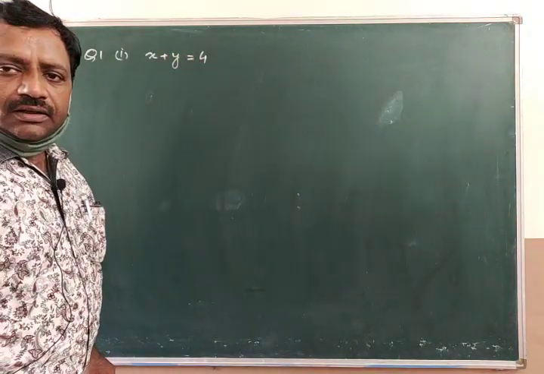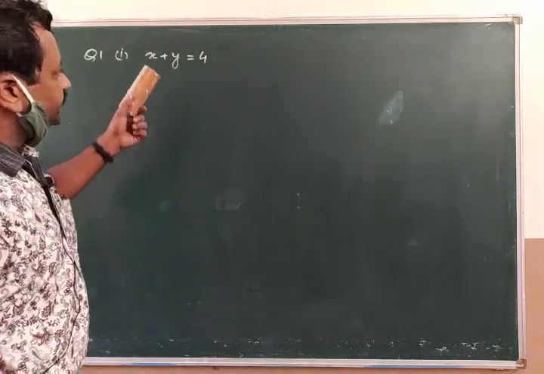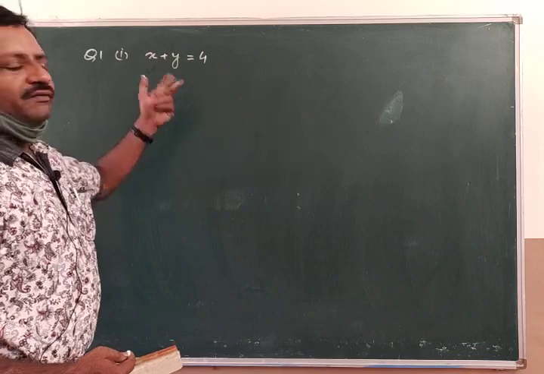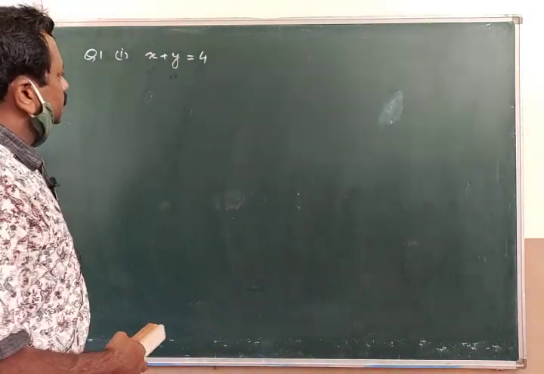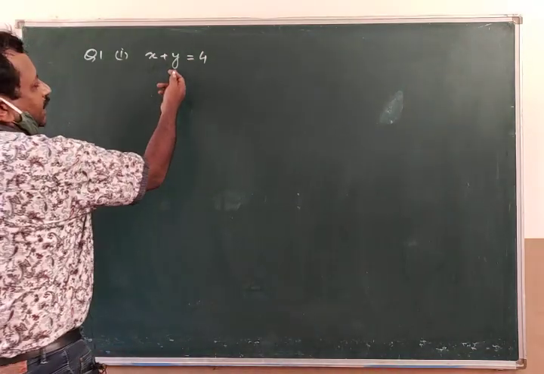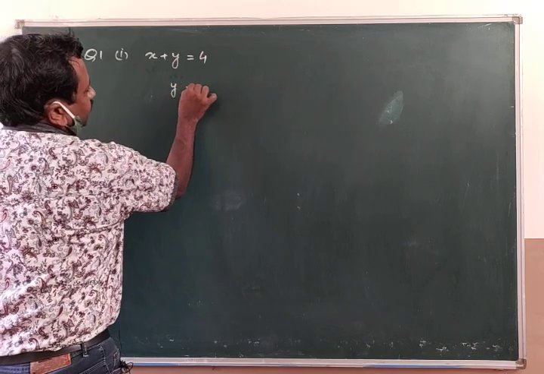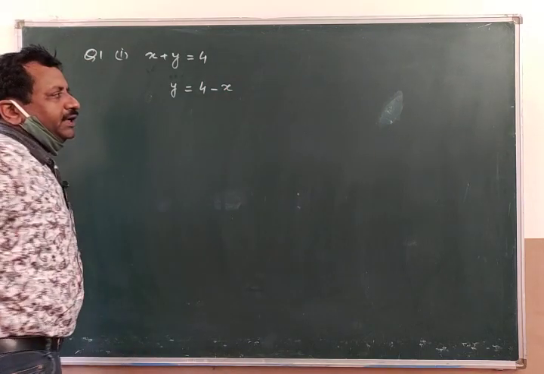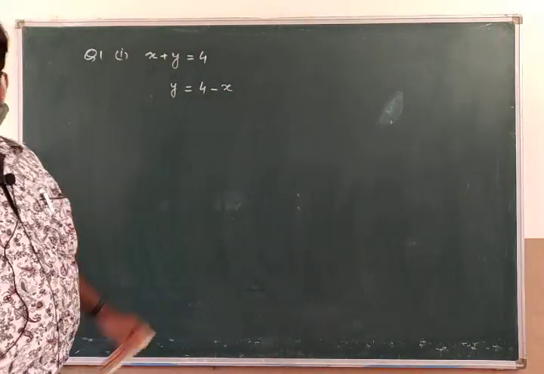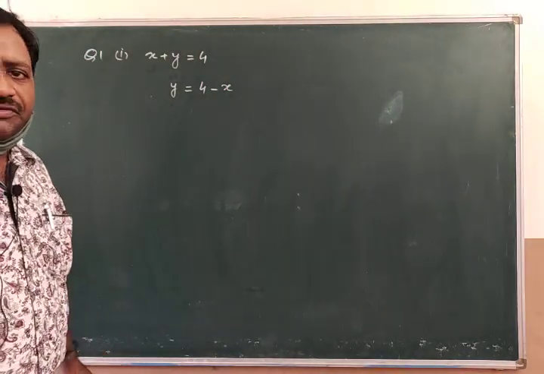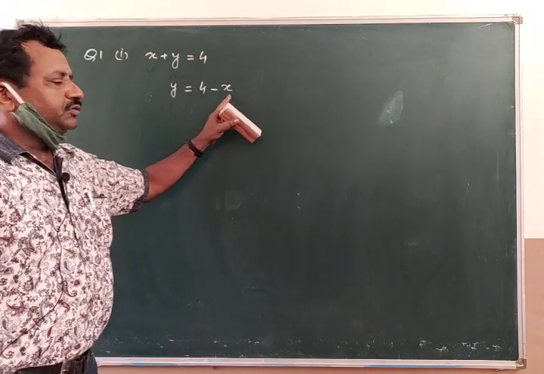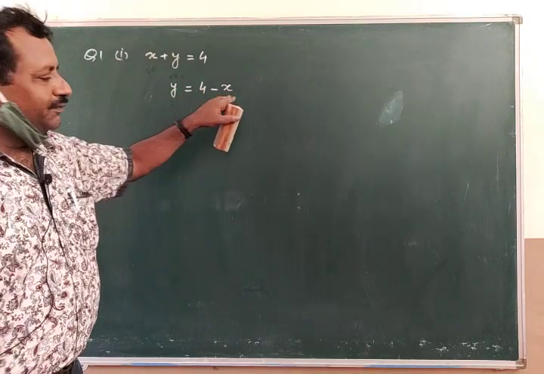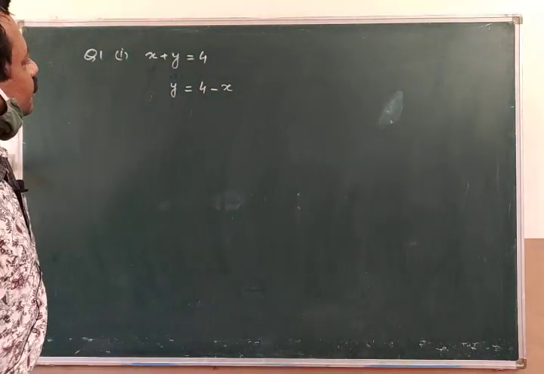To make the graph of this equation, first of all find out the value of one variable in terms of another variable. Like I can find out the value of y is equal to 4 minus x. This is my independent variable, this is my dependent variable. Independent variable means I can put any value of this variable, but the value of the other variable depends upon the variable x.